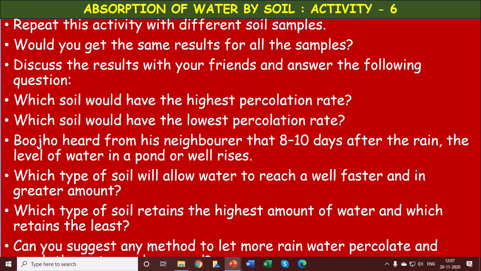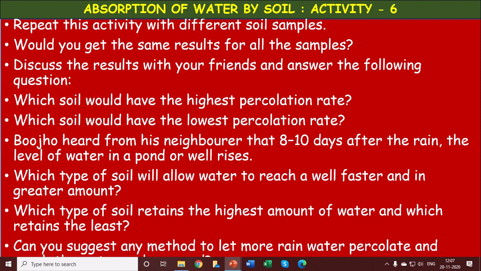So let us analyze. Would you get the same result for all the types of soil samples? You get different results. Based on those results, you can discuss and analyze these questions. Which soil would have the highest percolation rate? Percolation means the water should seep inside.